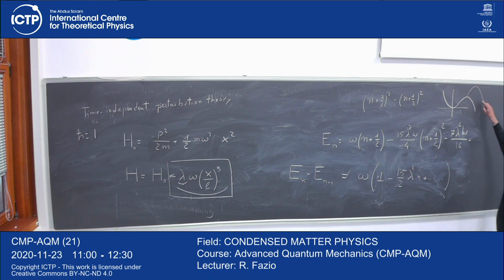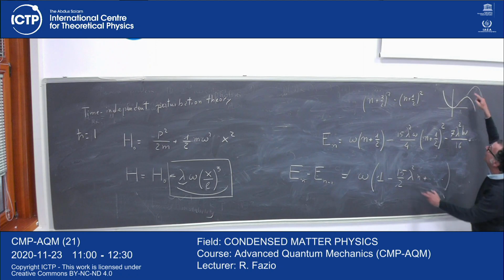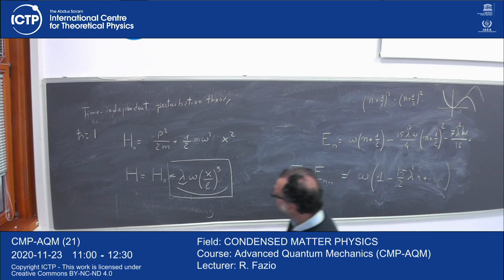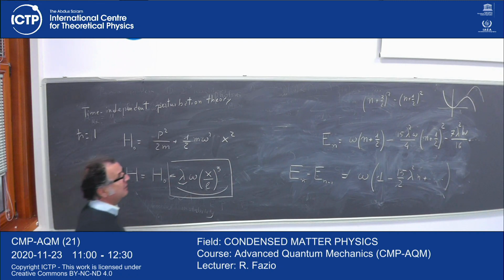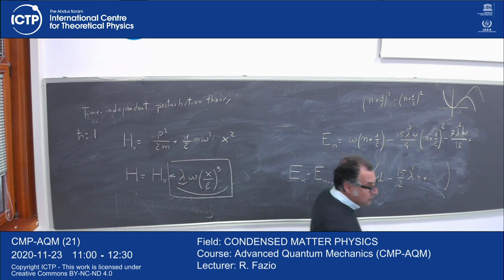So this correction will go down at higher value of the potential, okay? So this means that if lambda is smaller, then you have more levels that you can consider in perturbation theory. Okay? Now, this is what you have to reproduce.